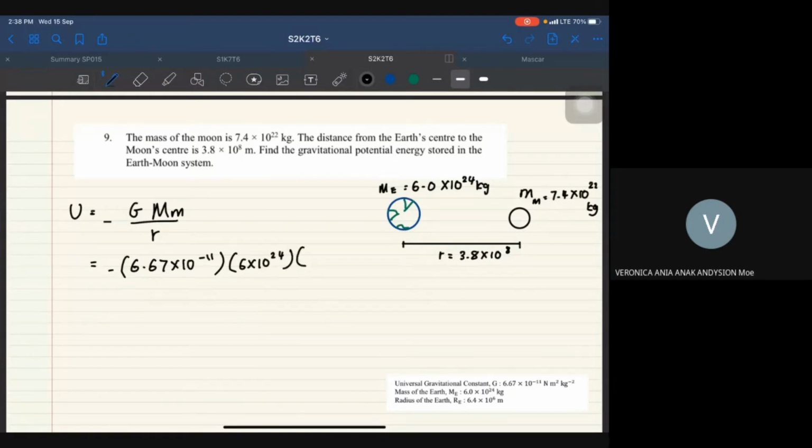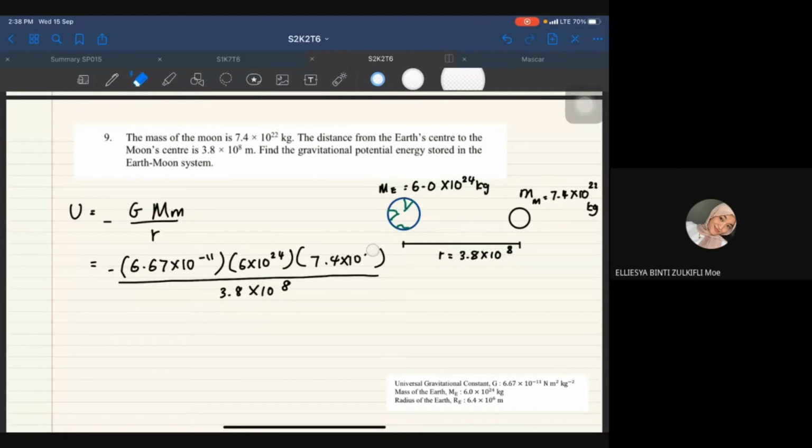Mass of the Moon is 7.4 times 10 to the power of 23, and then over the distance 3.8 times 10 to the power of 8. You guys do exactly the same with me ke? Ada yang lain ke, saya salah ke? So, power 23 to 22. Okay, alright, thank you.